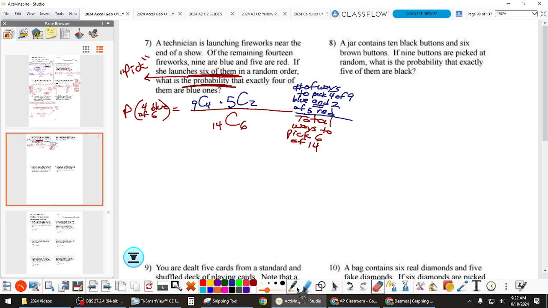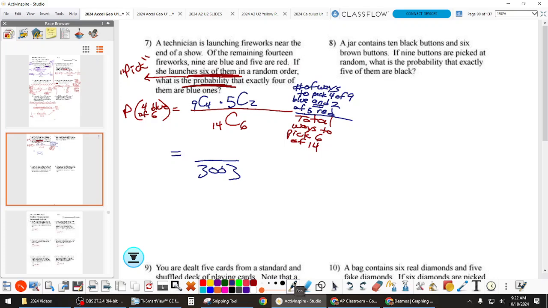I got 180 over 3,003. What was it? I got 180 over 3,003. 180 over 3,003. Yeah. How'd you get 180? Because I screwed up with the numbers. So you told me a wrong number? Well, I told you what I got for mine to make sure we agree on the 3,003 at least.